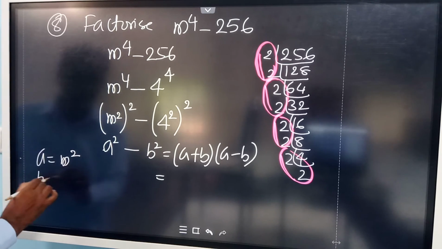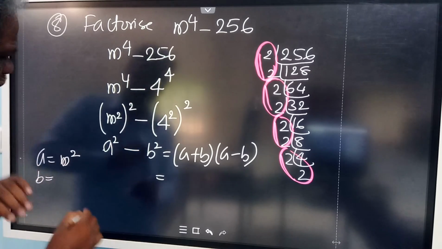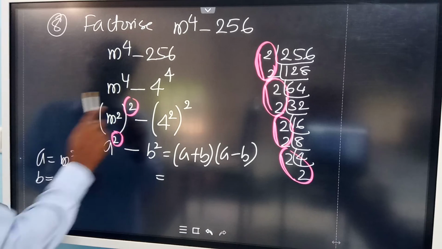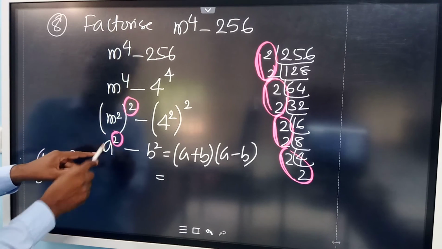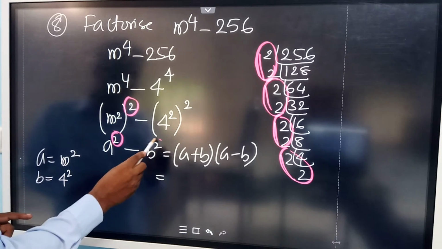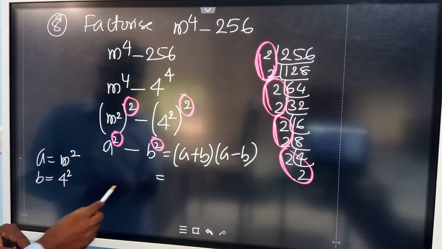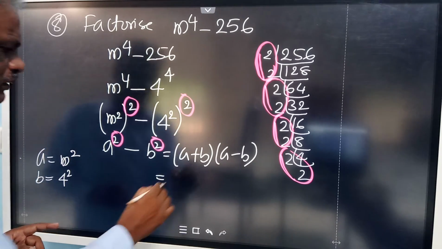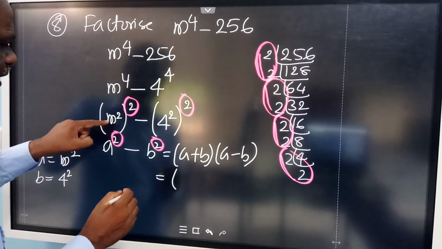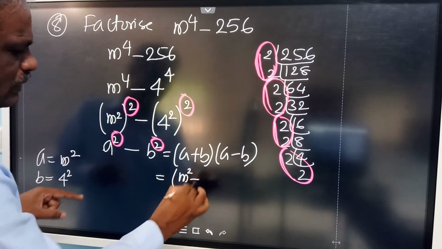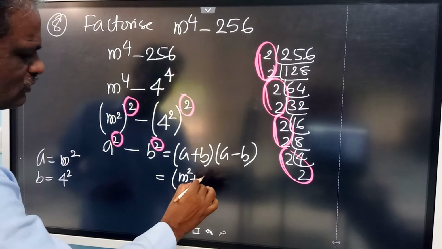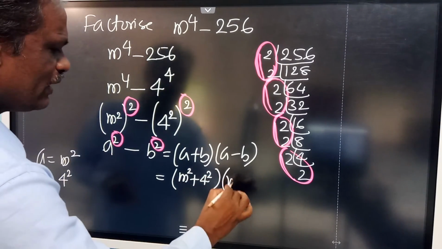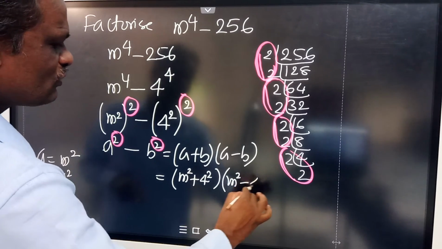In place of b you write 4 square, that is 16. So a plus b means m square plus 4 square, then a minus b means m square minus 4 square.